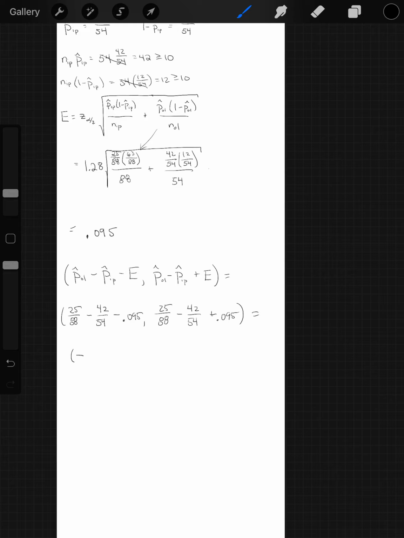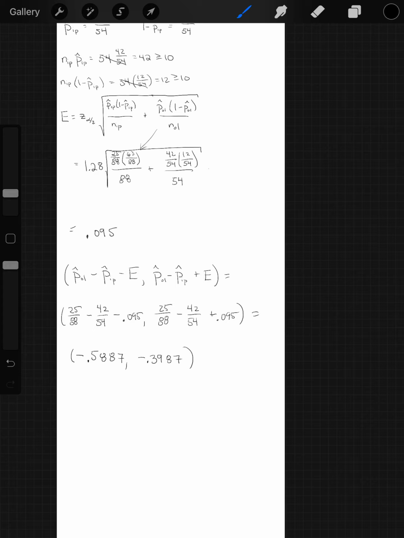So this is negative 0.58887 and negative 0.3987 roughly, right?